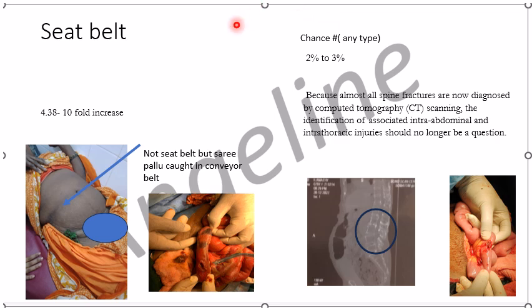So there's something known as a seat belt sign. Now we obviously don't have a seat belt sign, but you can always look for it in the clothes that they are wearing. Whenever there is a seatbelt sign, there is a 4 to 10-fold increase. Look at this lady, no seatbelt sign, but a pallu caught in a conveyor belt.